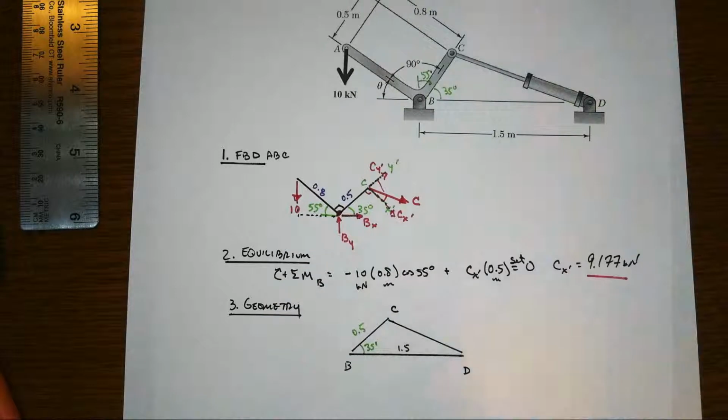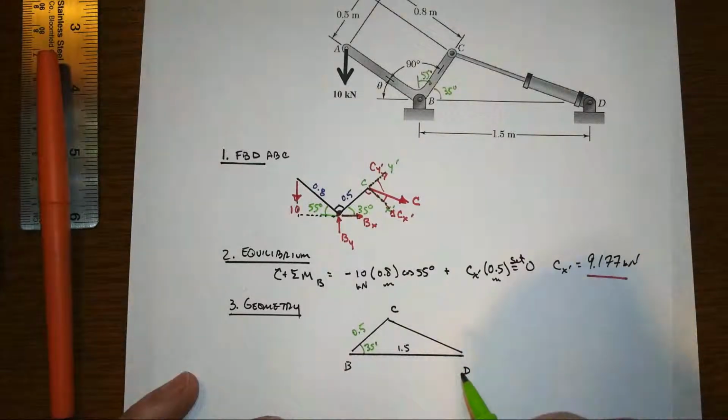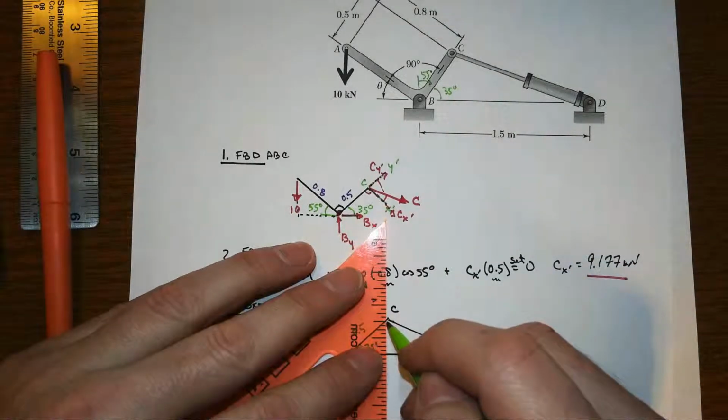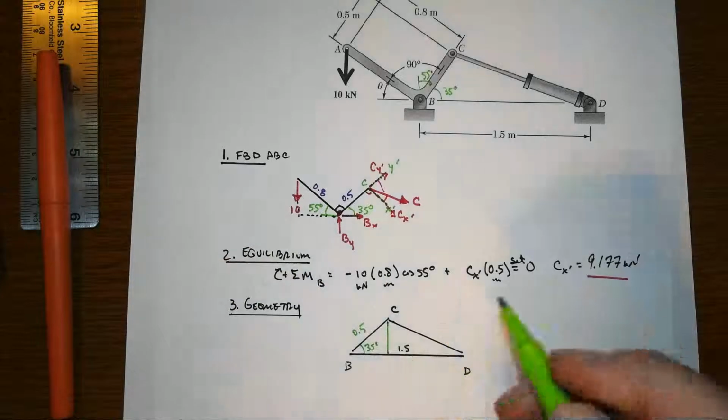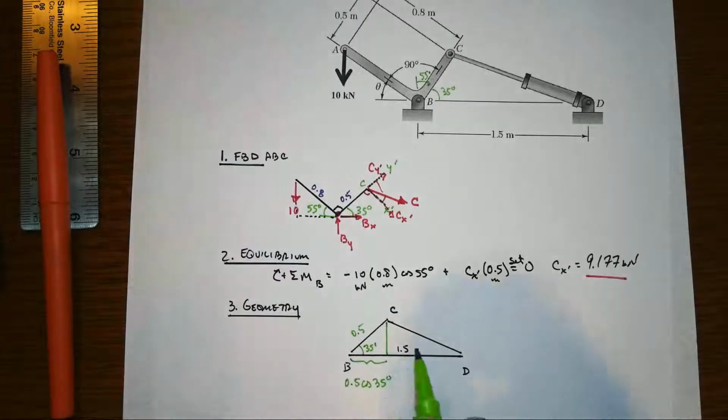And I look at that and say, I could play around with the law of cosines, I guess. Or, hey, you know something? Why don't we chop this triangle into two right triangles, because if I can start finding angles this way, interestingly. This little piece here would be 0.5 times cosine of 35 degrees, and that's going to be equal to 0.4096.